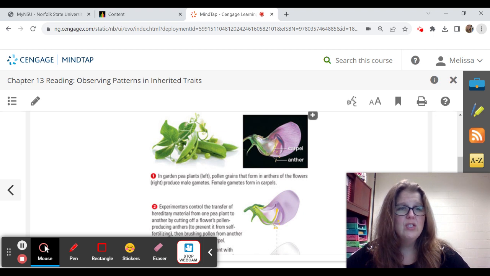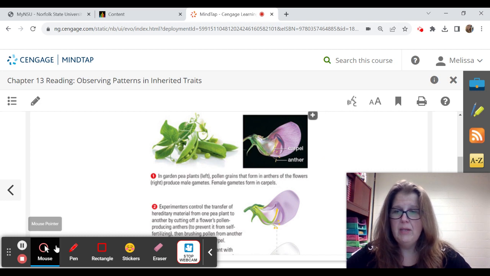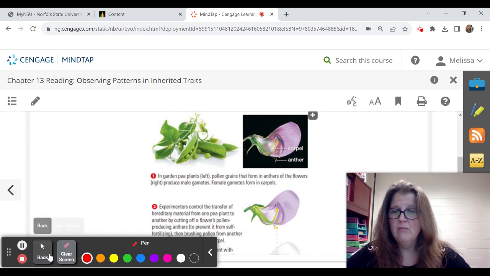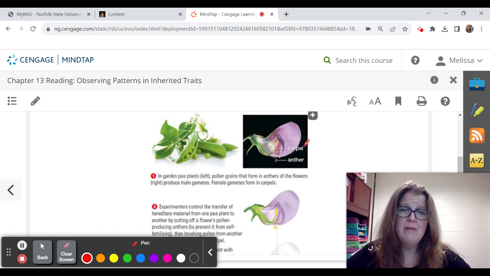So, first of all, you have to understand that the pea plants, so we're looking at a pea plant right here, have male and female parts on their flowers. So the carpel and the anther.